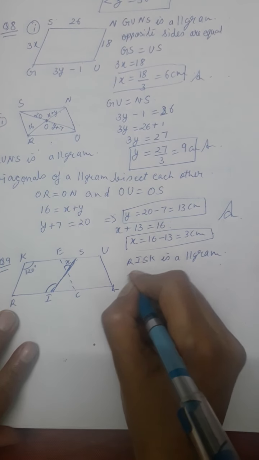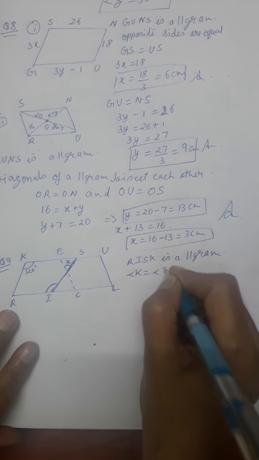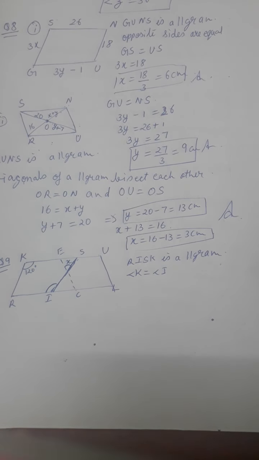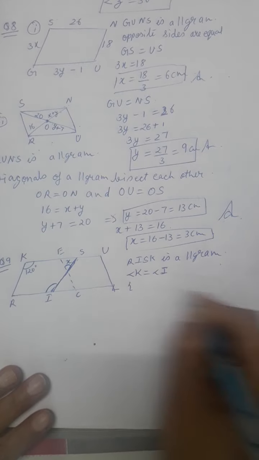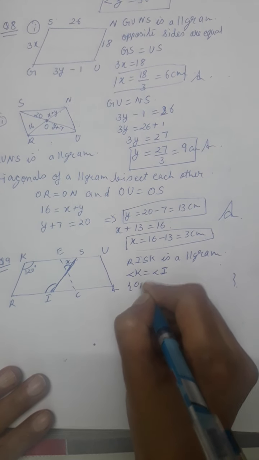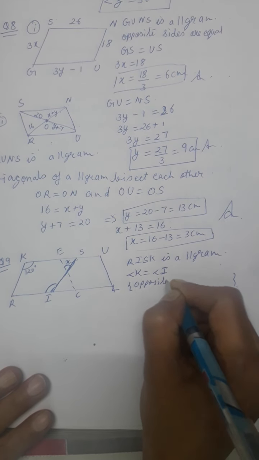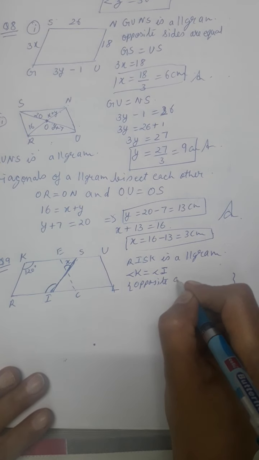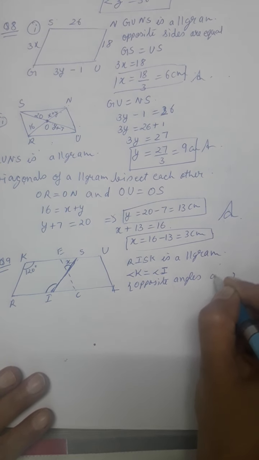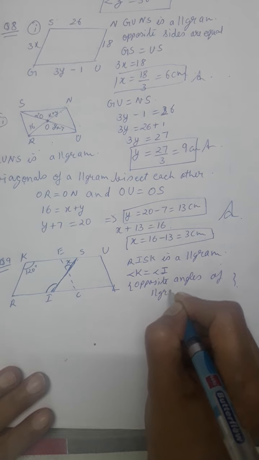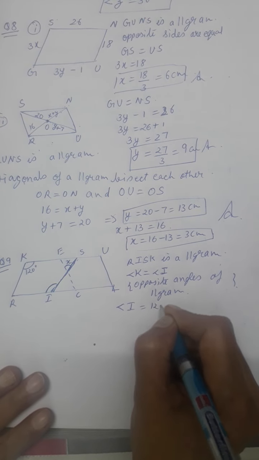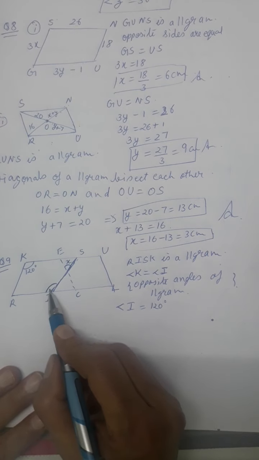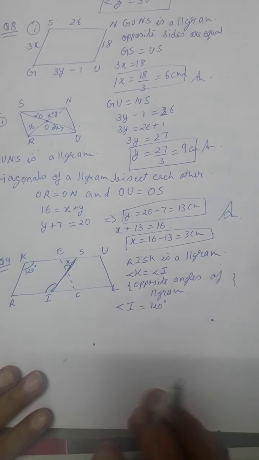So angle K is equal to angle I. Just write down the reason. Opposite angles of a parallelogram. So you got angle I is equal to 120 degree.